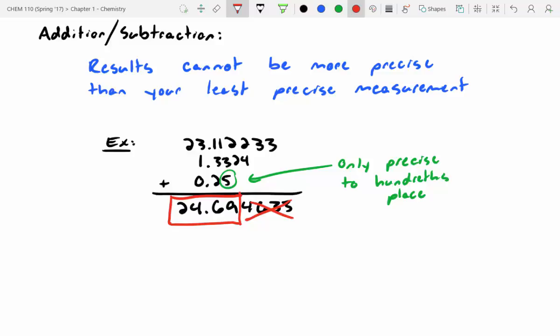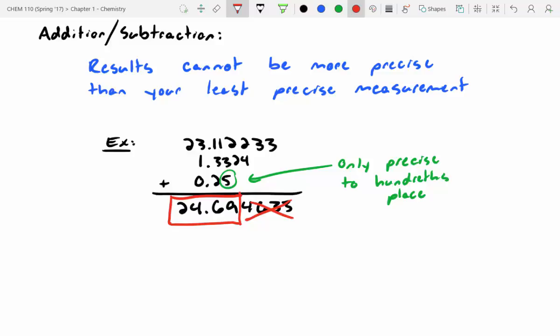So it's basically saying that that's our least precise measurement. Our way of measuring that number isn't as good as what we were doing for the top two. So like in lab, I was telling you guys to estimate one digit past the hash marks. That's your least precise digit. Any math that you do from there on out, you can't have it be more precise than that digit.